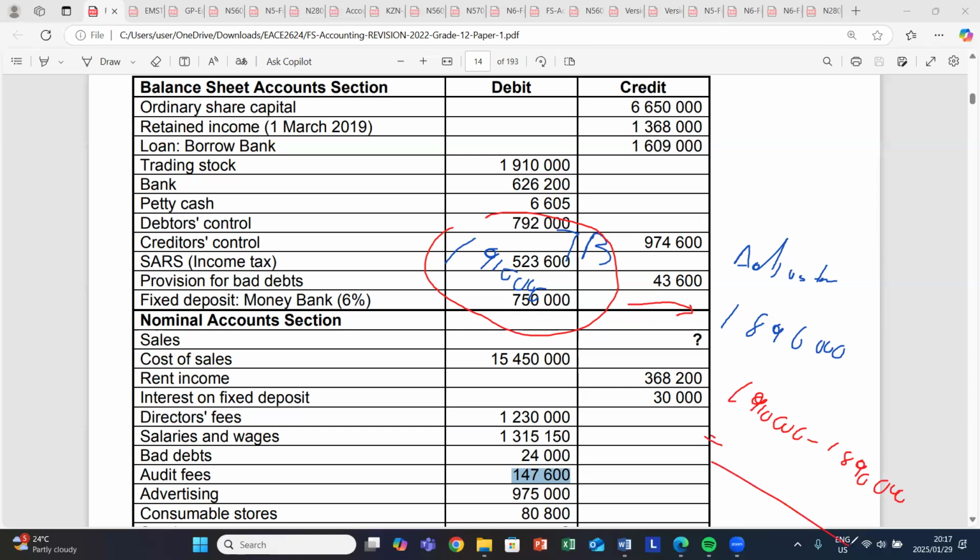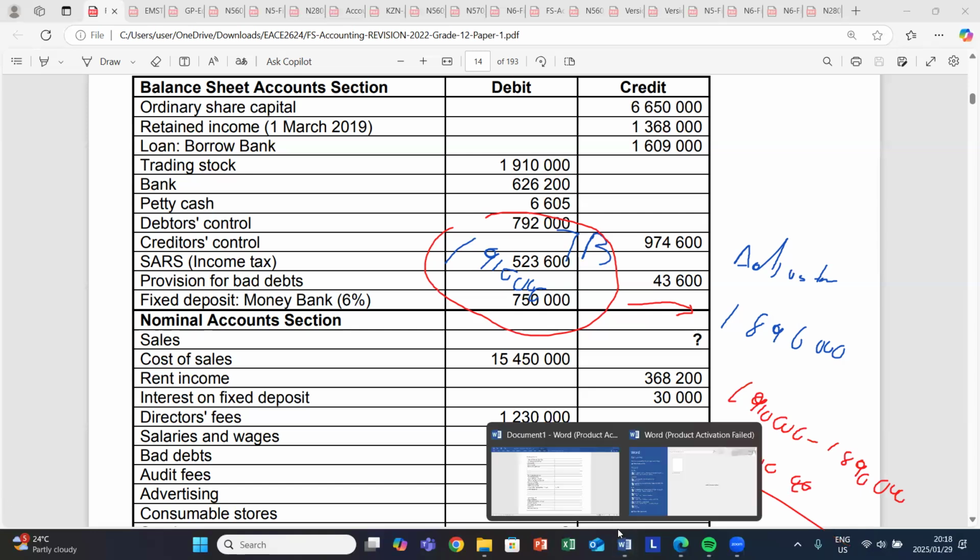So how much do we get? Let's minus the two values. 1,910,000 minus 1,890,000, and then we get 200,000. Do you also get 200,000? Yes, I do. 200,000 rand we will record as our trading stock deficit.